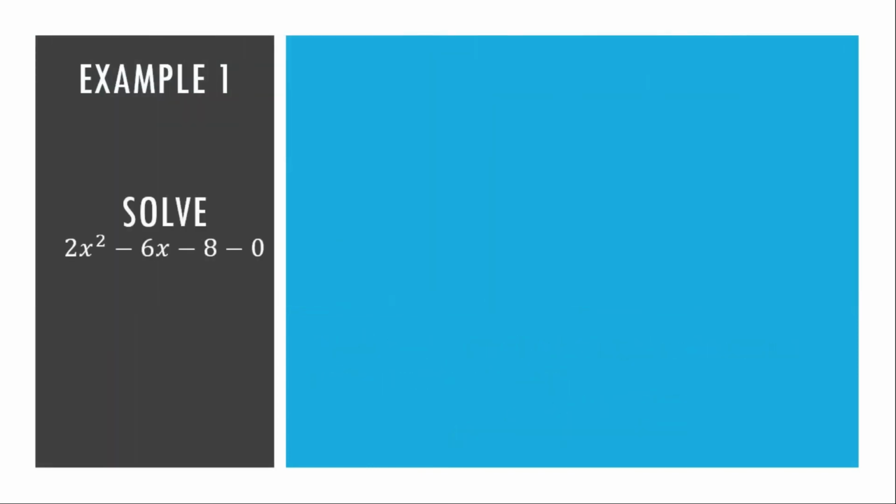Example number 1 tayo. Solve 2x squared minus 6x minus 8 is equal to 0. Ayan. Nakasulat ba siya as standard form? So, nakasulat siya. So, pwede na natin kunin si a, b, and c, which are 2, negative 6 naman kay b, negative 8 naman kay c.